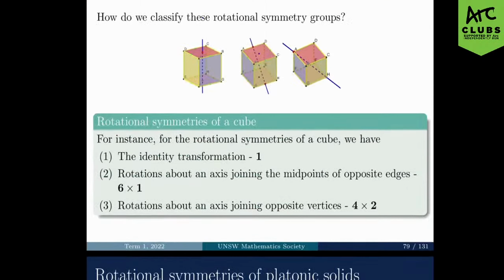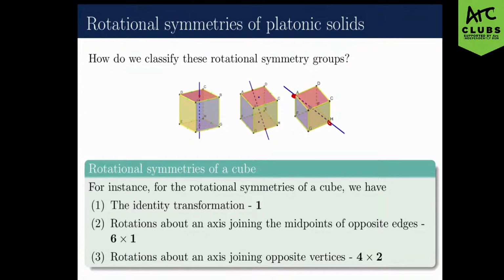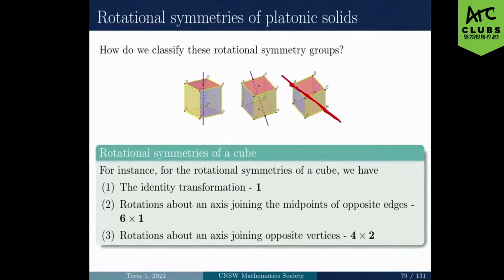Then we look at the rotations about an axis joining opposite vertices. That's going to be rotations about this axis. Number one, how many pairs of opposite vertices are there? Well, that's going to be the number of vertices, which is 8, divided by 2, which is 4. And then we think about this, right?